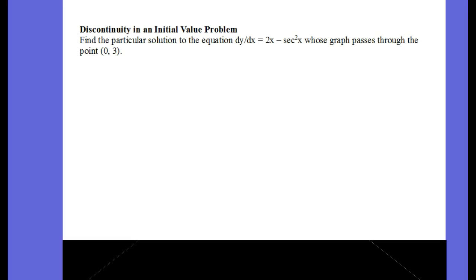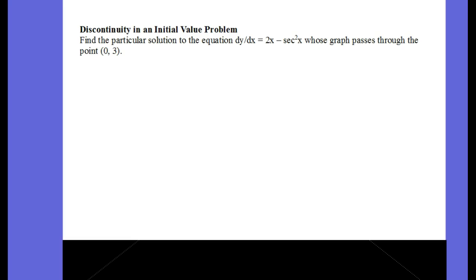Whenever cosine is 0. Yep, so pi halves and negative pi halves or 3 pi halves. So if we're talking about the point 0, 3, is that going to be a point of concern? Yeah. So again, 0, 3 is in that interval.